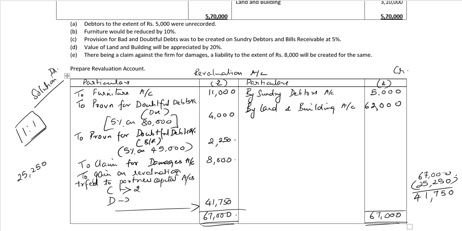So each gets 20,875 rupees. So this is the way we will prepare the revaluation account while revaluing assets and liabilities in the first method.